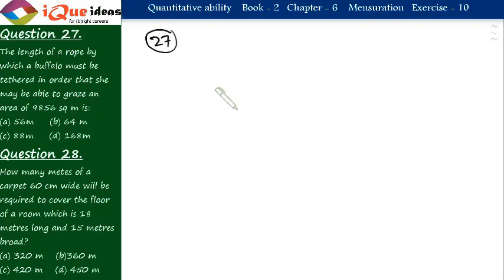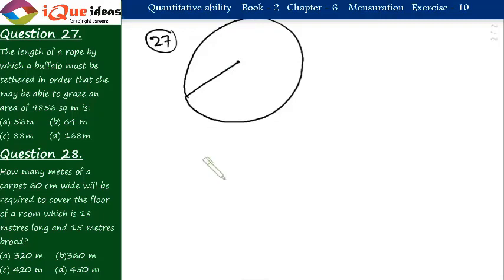Now please understand that if a buffalo is tethered to a place with a rope, the total area covered by the buffalo would be a circle, of which the radius is equal to the length of rope. So r should be equal to length of the rope, and the required area must be equal to pi r square, and that is equal to 9856 as given in the question.